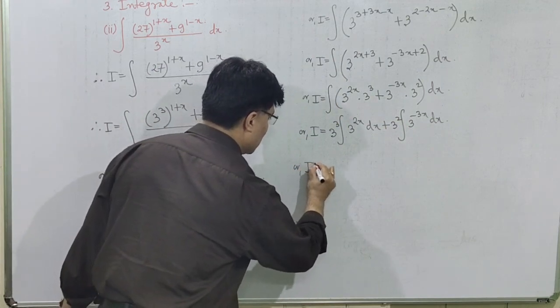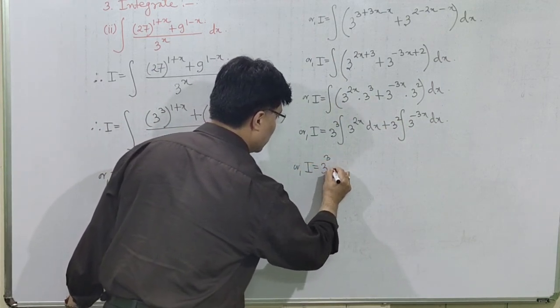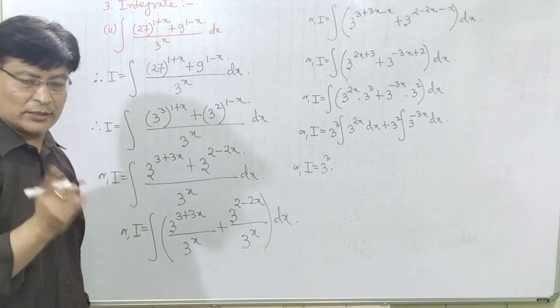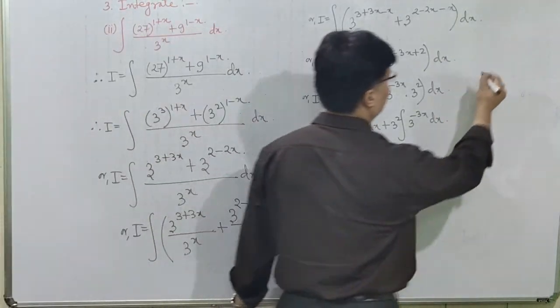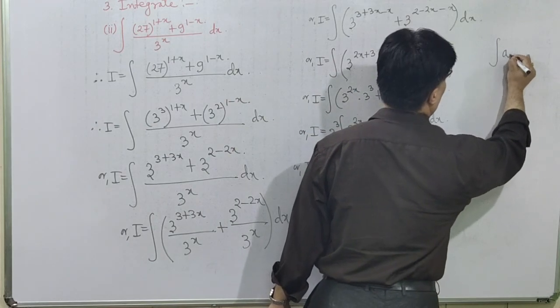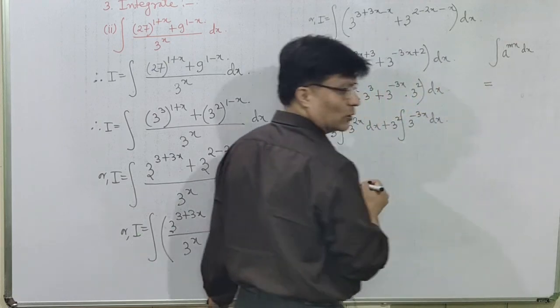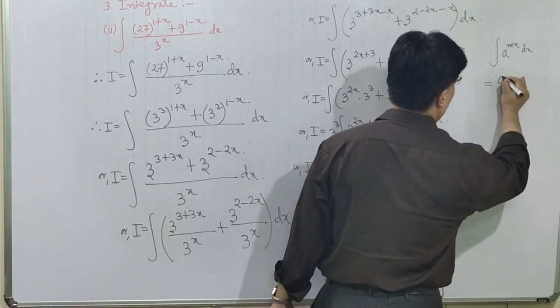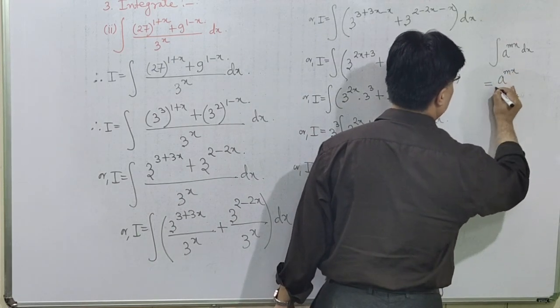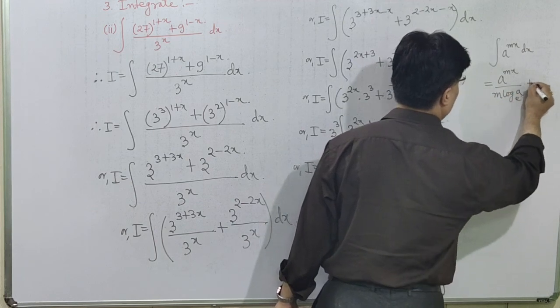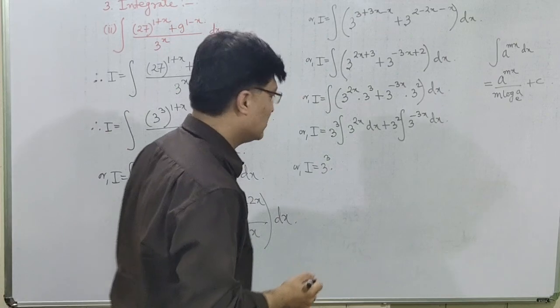So or I is equal to, this is 3 cube into, so what is the integration of 3 to the power 2x? So which formula is used here? That is integration of a to the power mx dx, which is equal to, what is this integration? It is a to the power mx divided by m log a base e plus c. This is the formula, right?